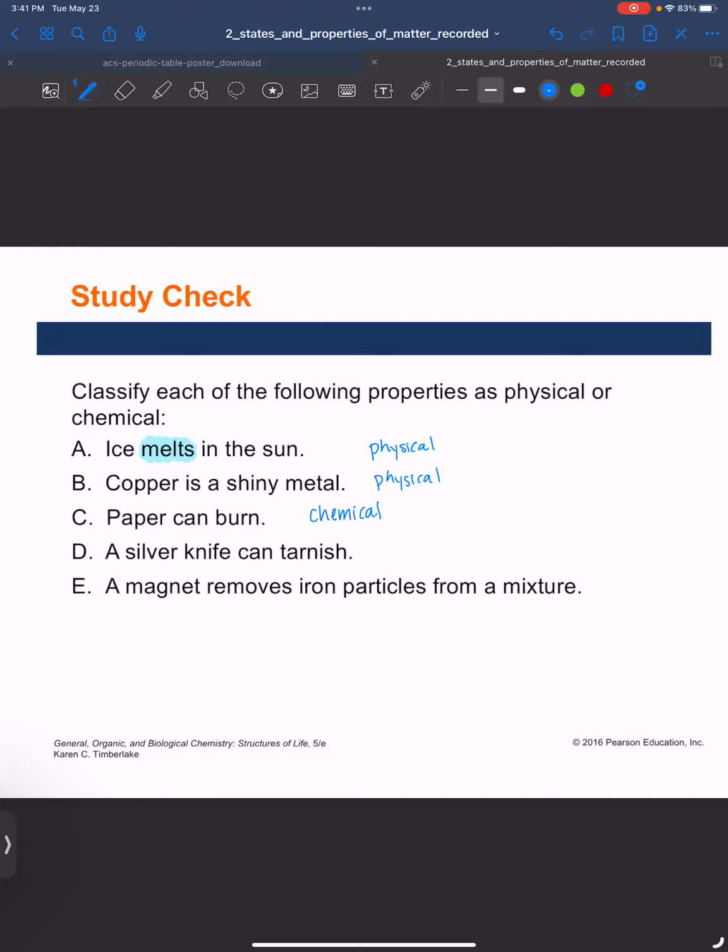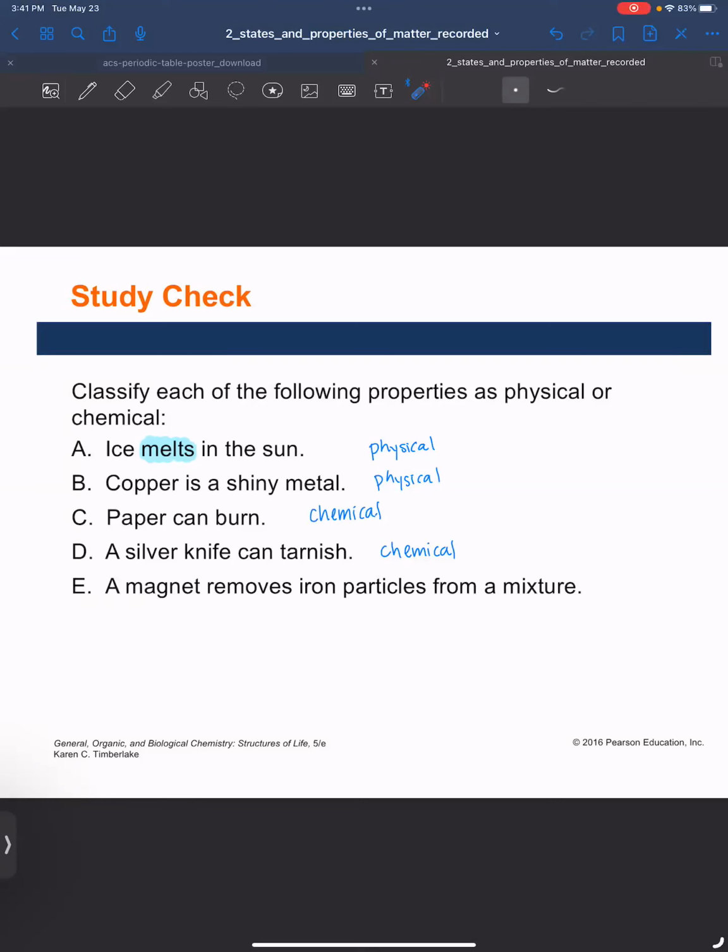A silver knife can tarnish. That's also a chemical property. Just like I said earlier, the silver metal reacts with oxygen in the air, and it's called oxidation. It's going to form something different, that tarnished color, which is actually silver oxide.